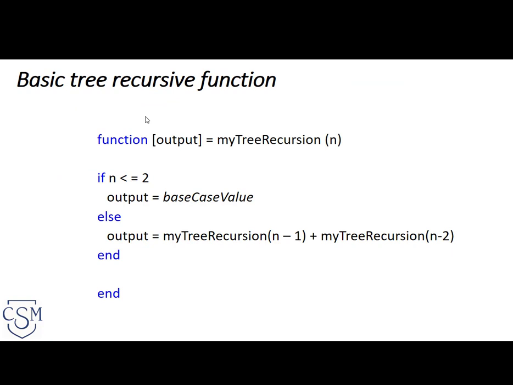So a little bit more complicated than the linear recursive functions we've been doing are recursive functions that branch, and we call that a tree recursive function. And here's the basic structure. And it looks similar to the previous version of our recursion, except for one minor thing.